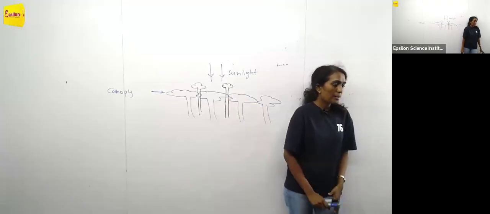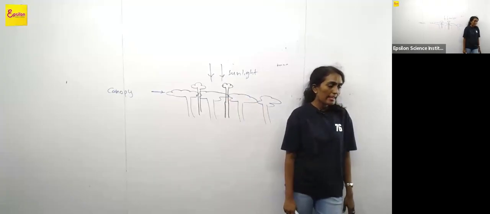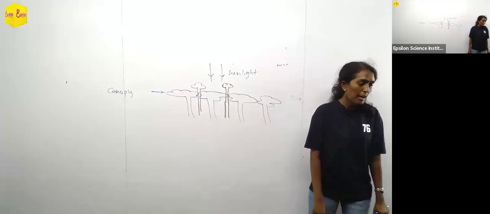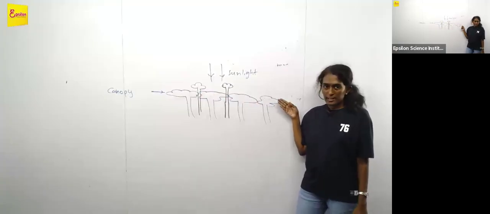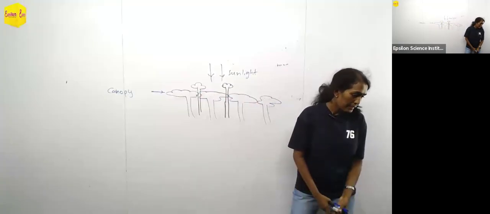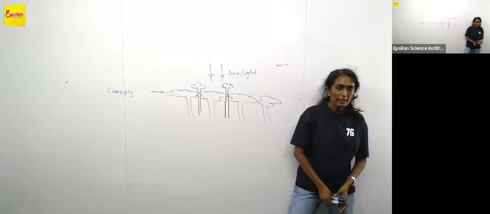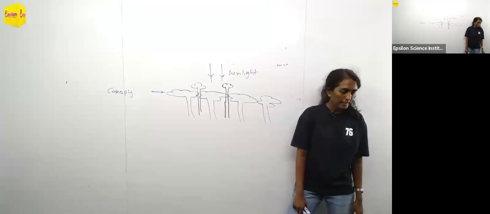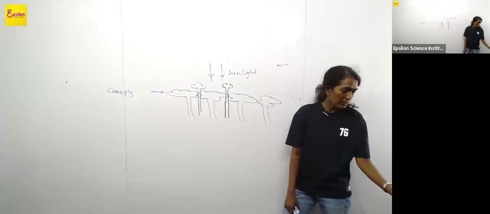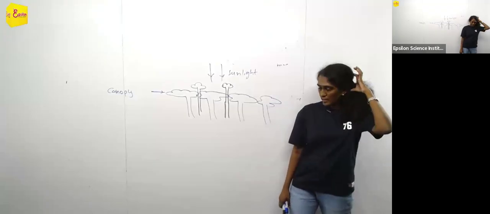In contrast, exposure to direct sunlight increases the proportion of far red to red light. That means far red is high in this. So what happens? They will have more branches than the others. So read it one more time and see if you can understand.